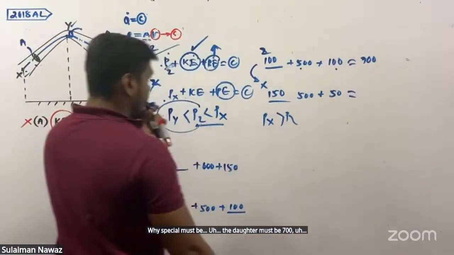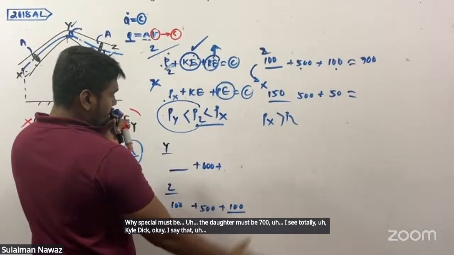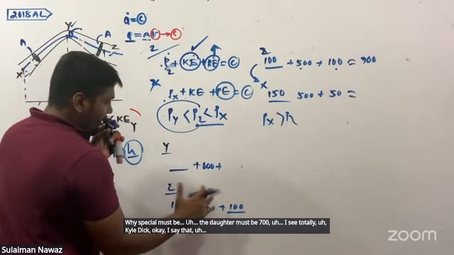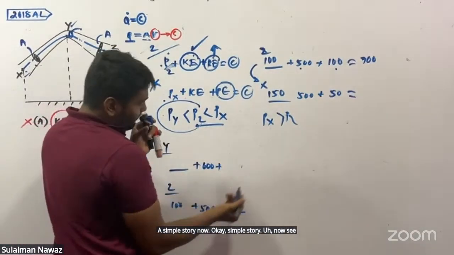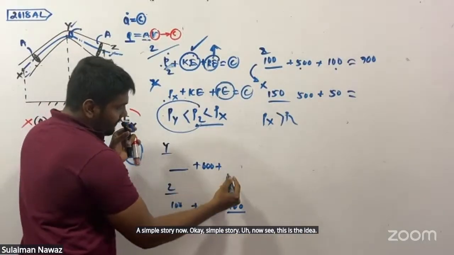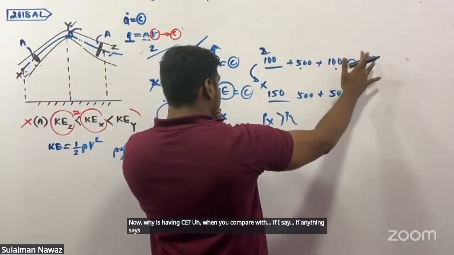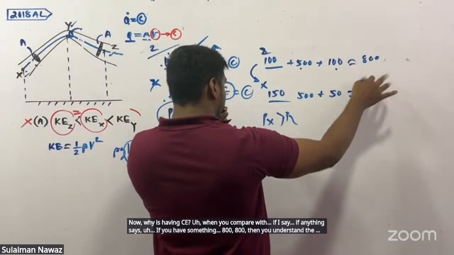I see the total is kinetic. Okay, I say that a simple story now. Now see, this is the idea. If I do this as 800 something, 800, then you understand the idea. I will explain later. Once again, I will explain.